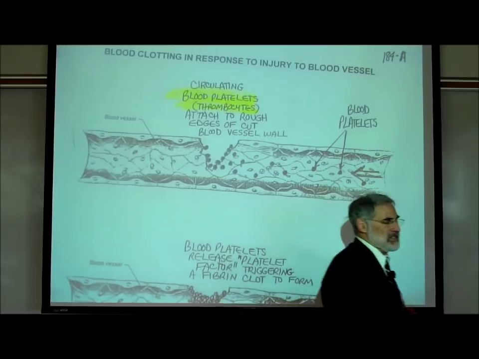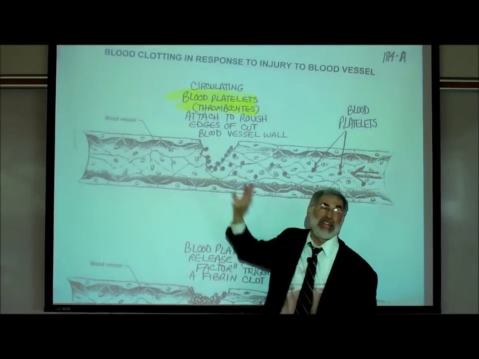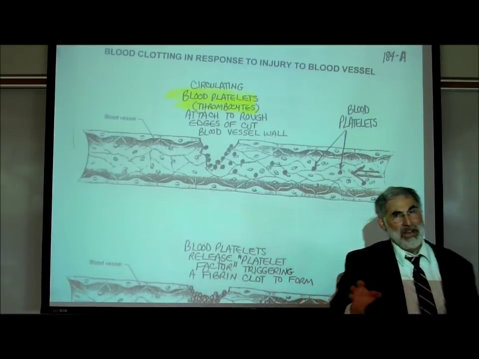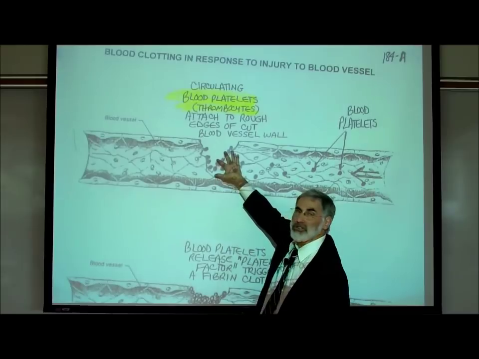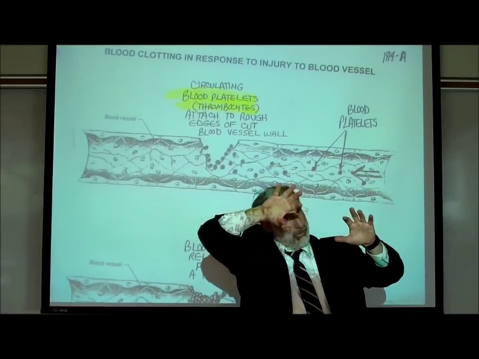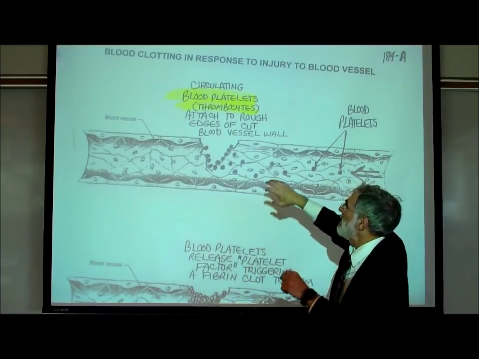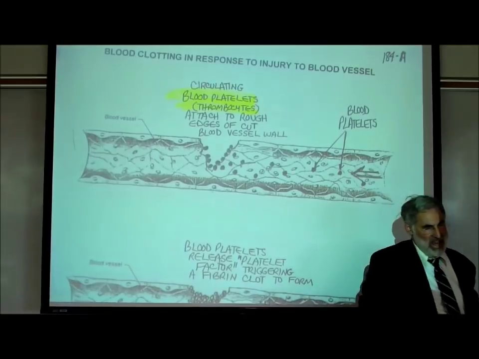Now, platelets are designed to attach or aggregate to rough edges of a vessel. So when a wall of a vessel has been cut, that creates a rough surface. And these little platelets, which are little pieces of cells actually formed in the bone marrow, attach or aggregate to the cut edges of the vessel.